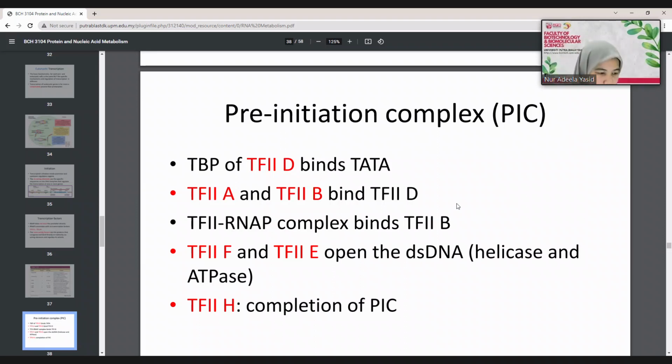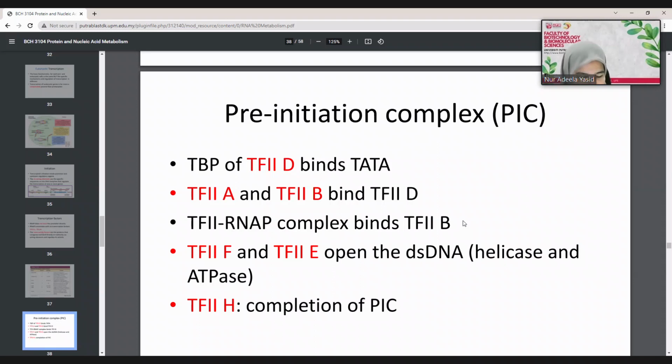The next proteins to enter are A and B, which bind to D. This binding stabilizes the DNA-TFIID complex, and now they recruit RNA polymerase 2 to bind to transcription factor 2B.